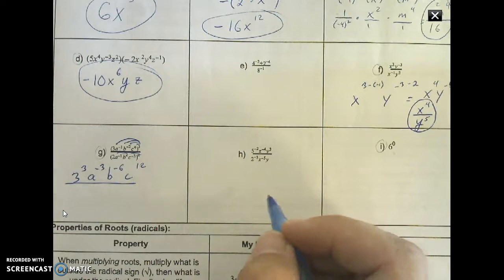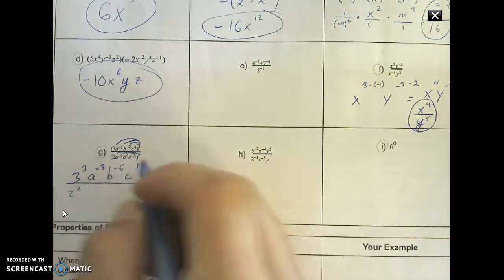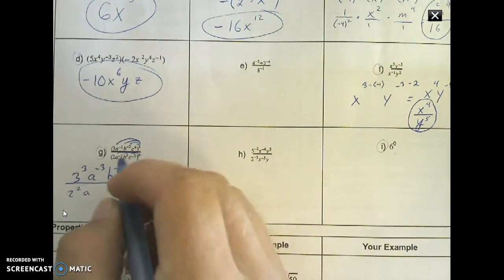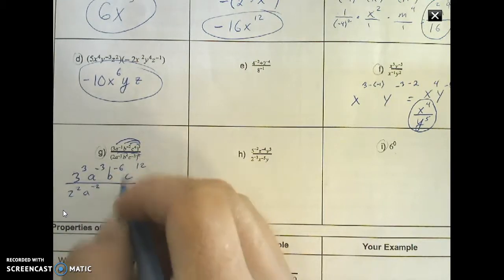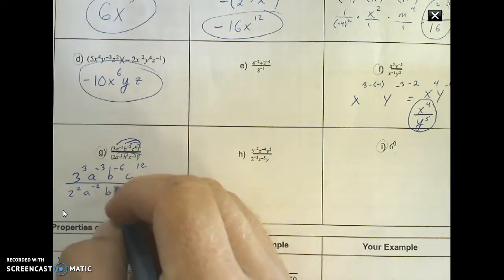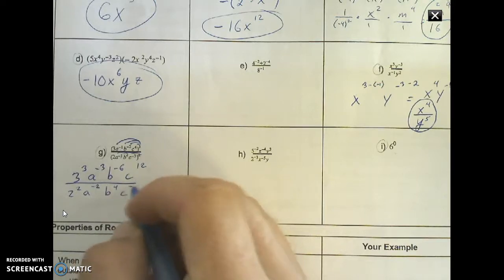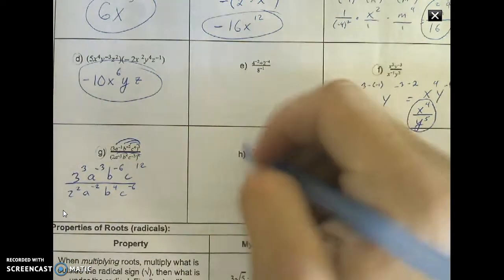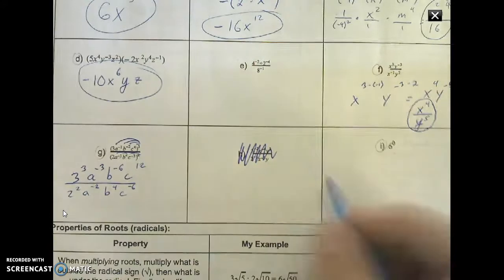Down low, 2 to the 2nd power, I'm just distributing the 2, multiply, a to the negative 2, b to the 4th, c to the negative 6. Okay. Cross this one off because I need a little bit more room.